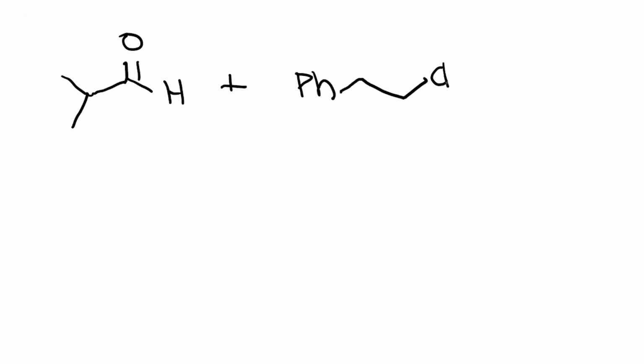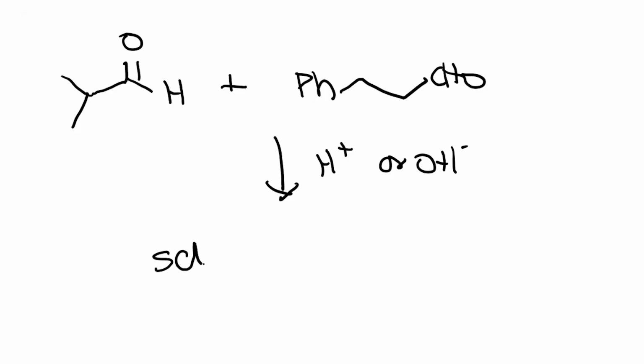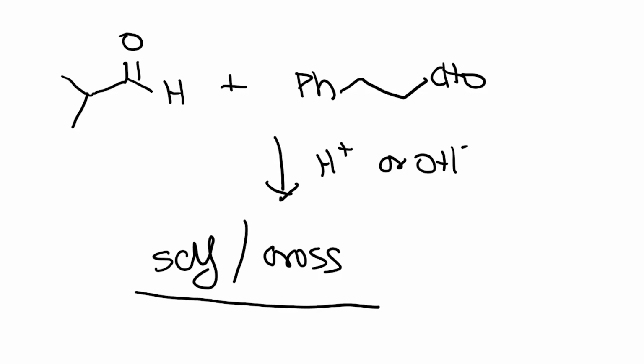So for example, if I start with this aldehyde and react it with, and add a small amount of acid or base, okay, what happens is that you get several products that are formed which include self condensation, cross condensation, and so you really get a mixture of these products.